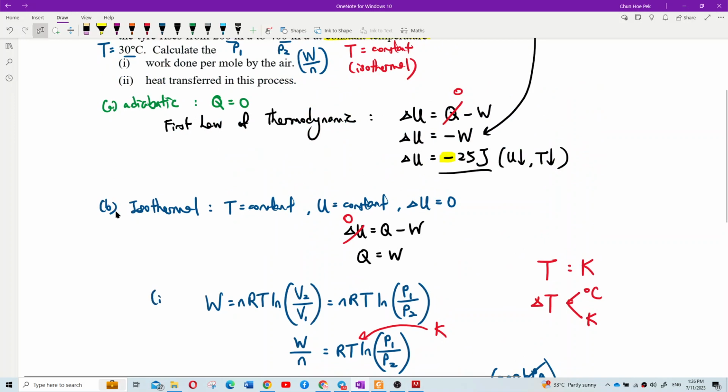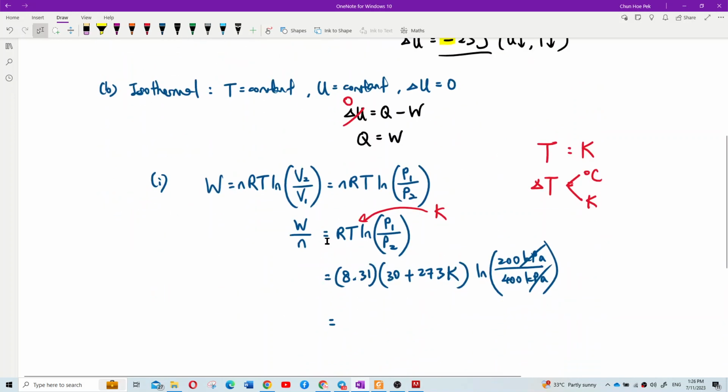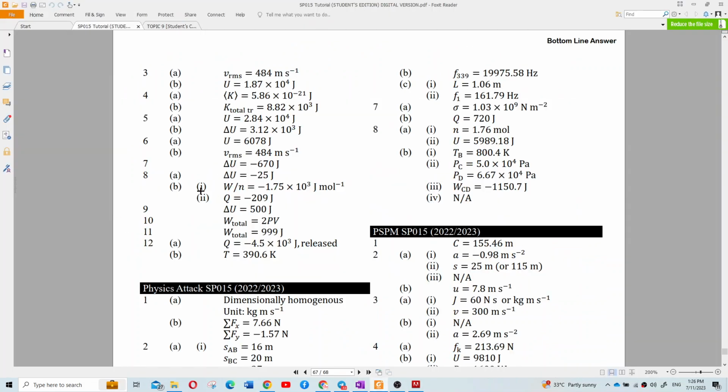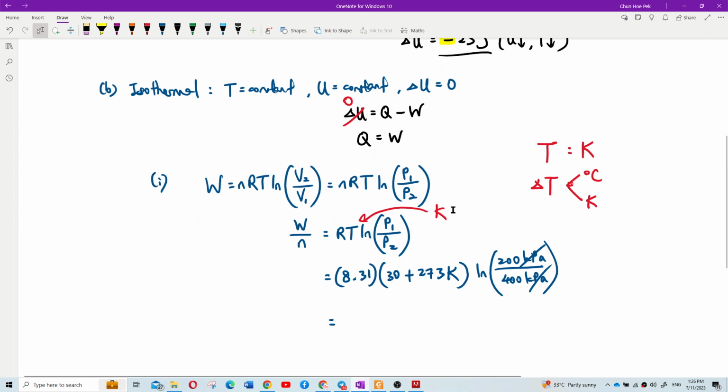Now negative 1.75 exponent 3 joule per mole.